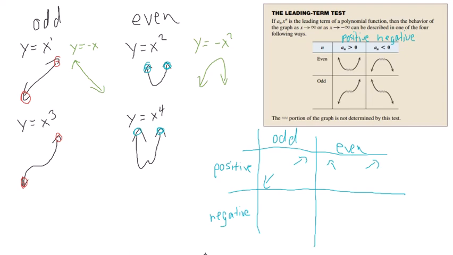So for negative, we're going to see it start here, end here, and we'll see it start here and end here. Sometimes you'll see it where they do this to show we don't know what the middle looks like, but I typically just do the arrows myself.